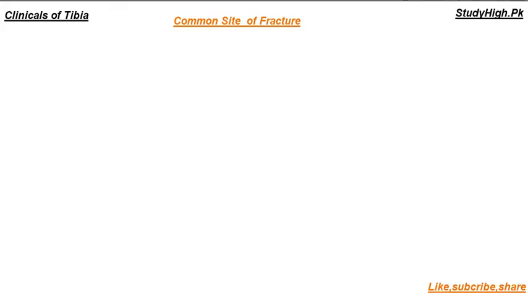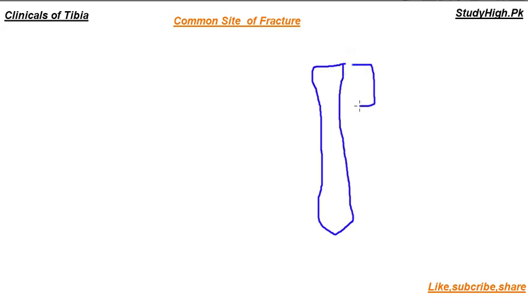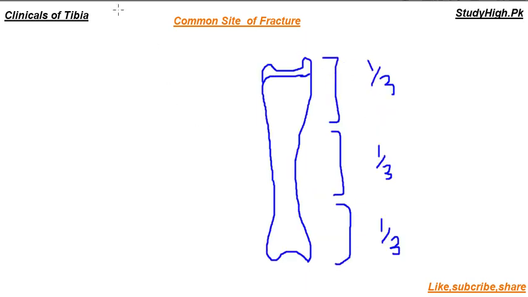So first of all, I want to discuss what is the common site of fracture of tibia bone. Here is a tibial bone. If we divide this tibia bone into three parts, upper one third, middle one third, and lower one third.